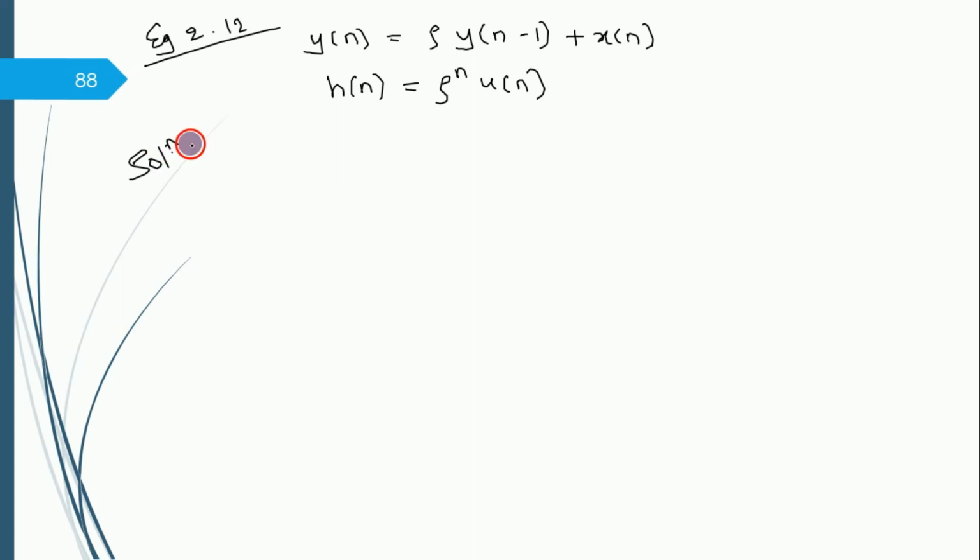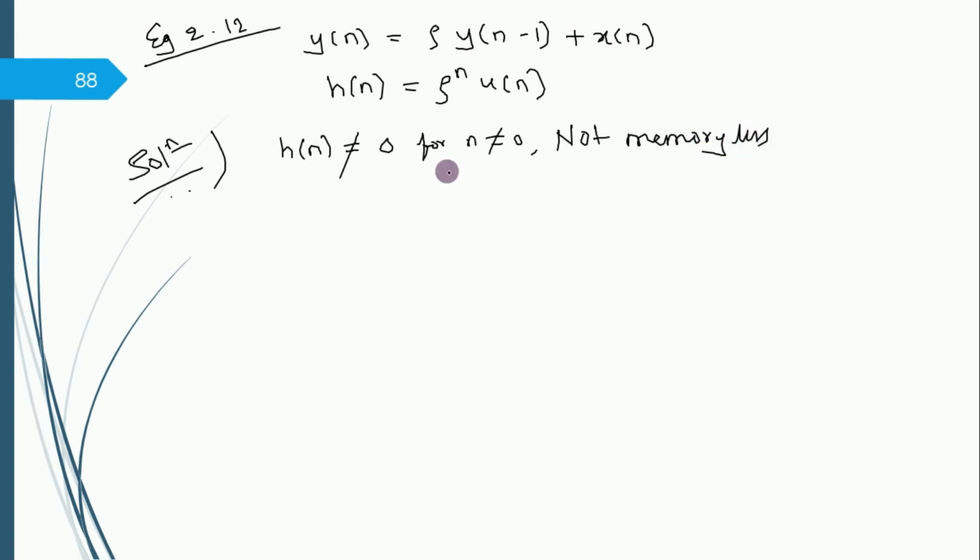This is the solution. For memoryless, the condition is h of n should be 0 for n not equal to 0. We have to check whether that is happening. It is u of n, and rho is some value. So for n not equal to 0, definitely h of n will have some finite value. Hence this fails; it is not memoryless.